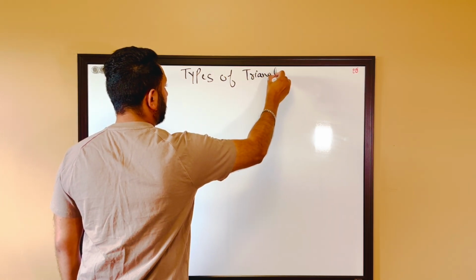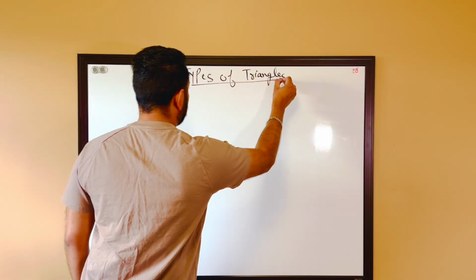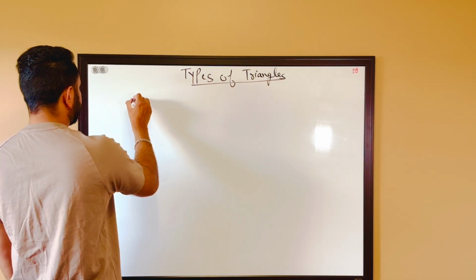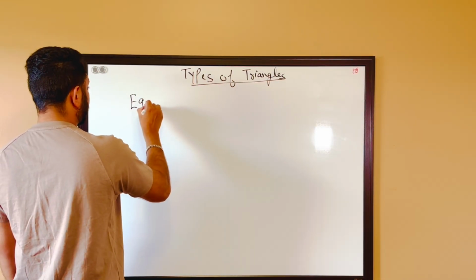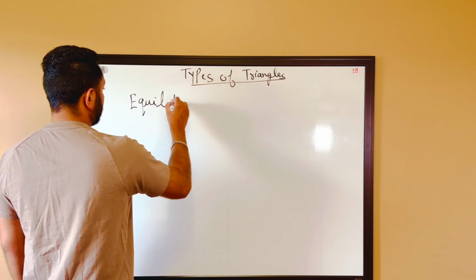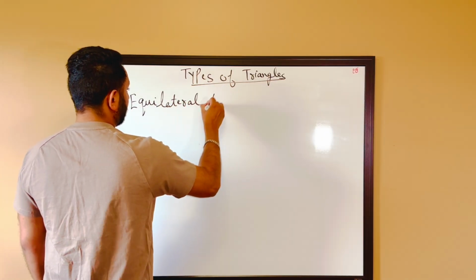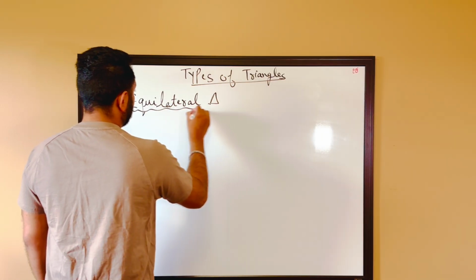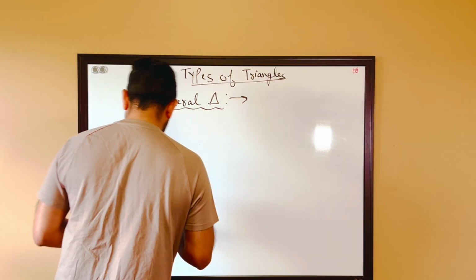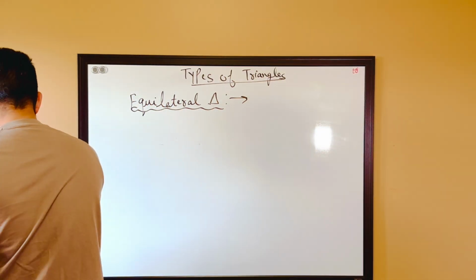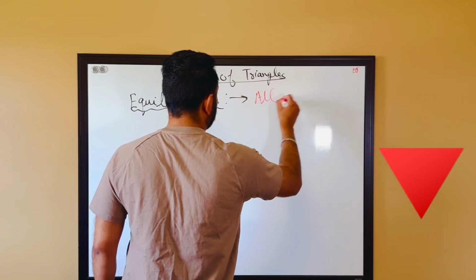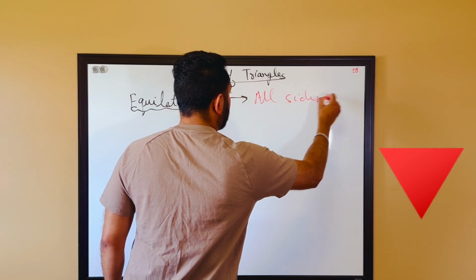So our first type is an equilateral triangle. In an equilateral triangle, all the sides are equal.